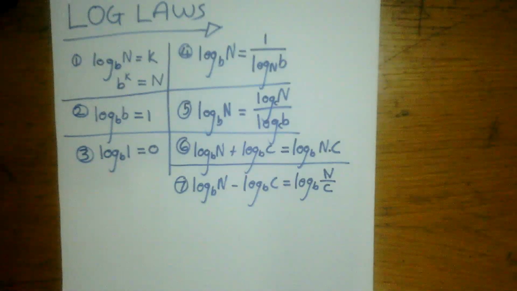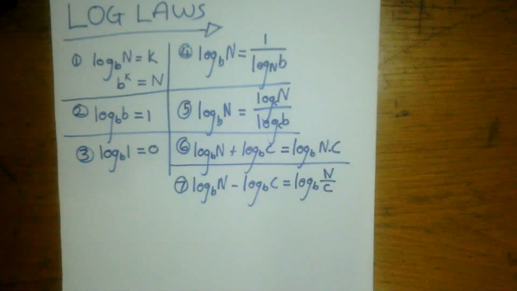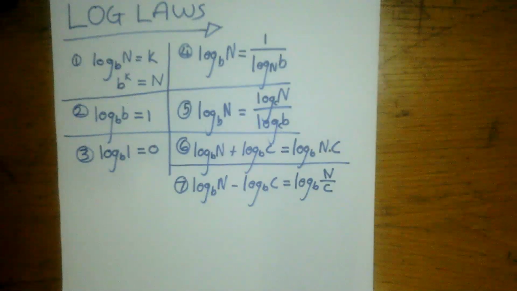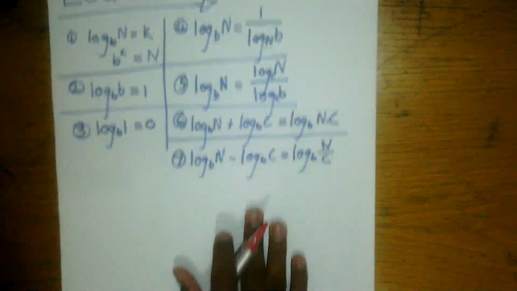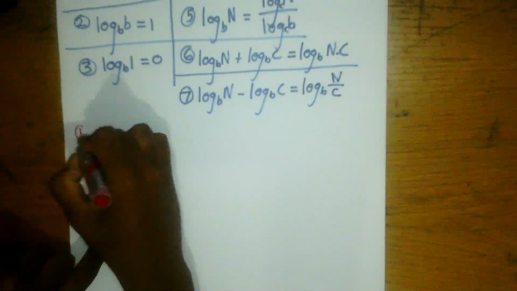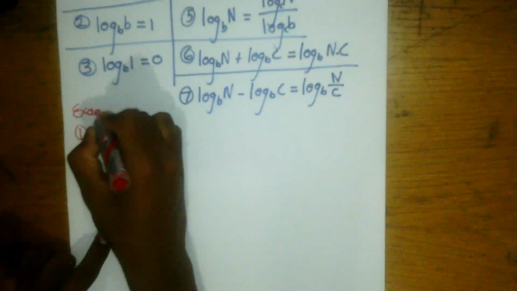But okay, let us jump into a few examples. Let us do one that is in the question paper. I'm just going to pick a random one. So the first question, examples.